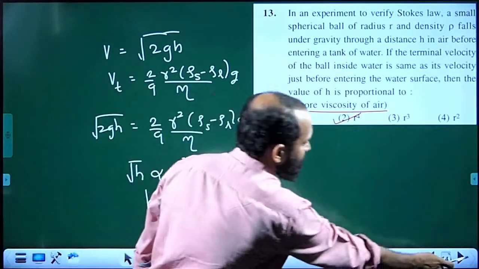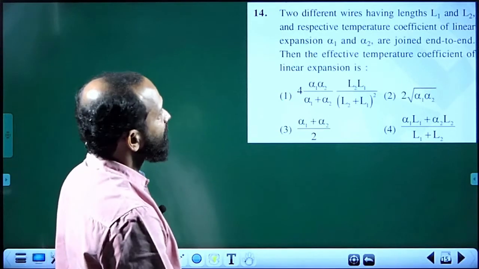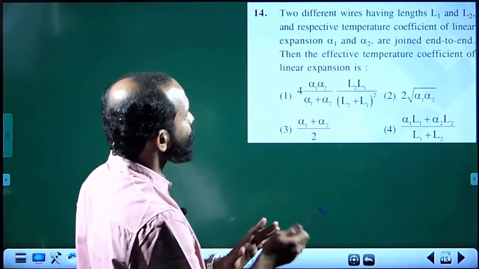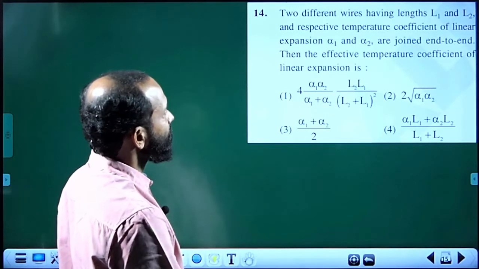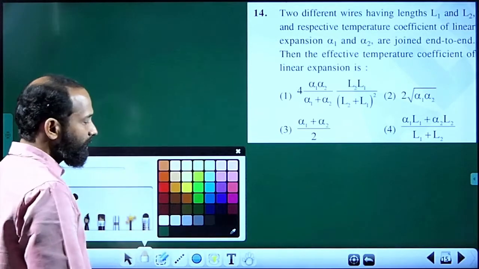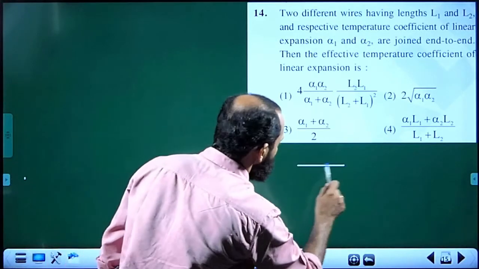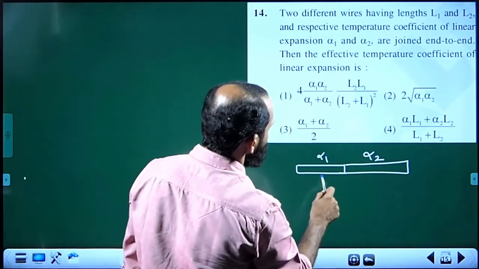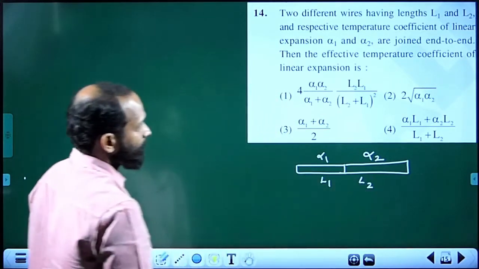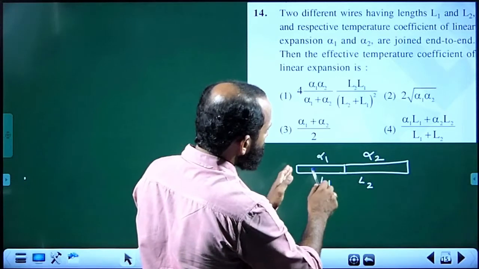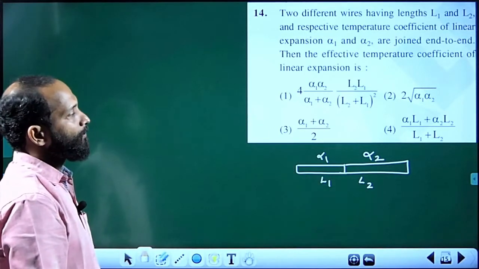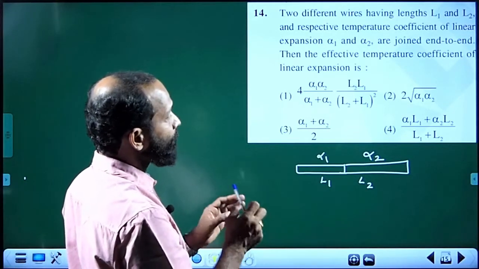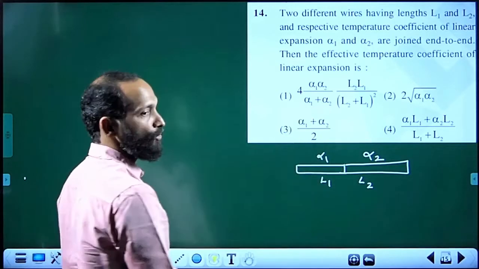Okay. Next, two different wires having lengths L1 and L2 and respective temperature coefficients alpha 1 and alpha 2 are joined end to end. The effective temperature coefficient of linear expansion is, when they are joined in series. Two wires are joined in series, with different expansivities and different lengths. When these two are given a temperature difference, what is the formula for the effective temperature coefficient of a single rod which replaces these two?